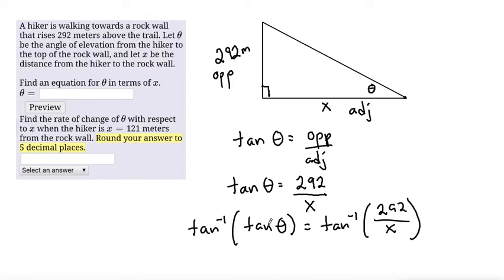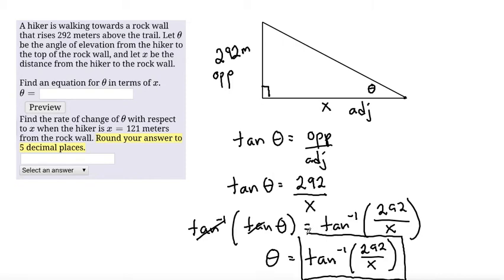The tan inverse and the tan would cancel out, leaving us with theta is equal to tan inverse of 292 over x. So that would be our equation for theta in terms of x, which would be the first part of the question.